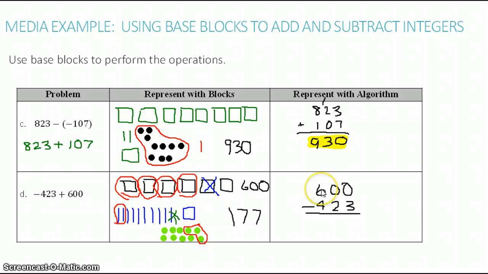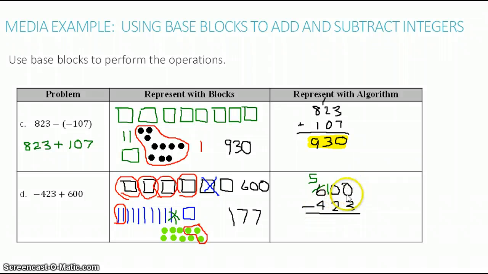So we have to go to the hundreds place. I'm going to borrow 100, and 100 is 10 rods. Notice that's exactly what we did here. We crossed out a flat, and we traded that flat in for 10 rods.